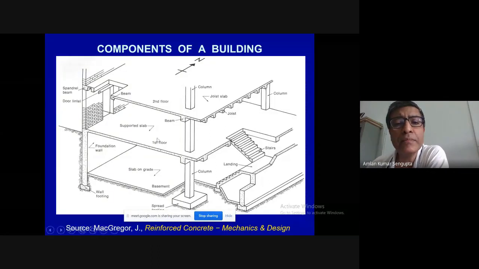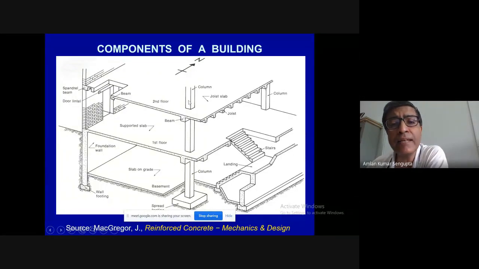For example, for the beam, the load comes from the slab. For the column, the load comes from the beam. Also, if a slab directly rests on a column, then we need to consider that load also. On the foundation, the load comes from the column.